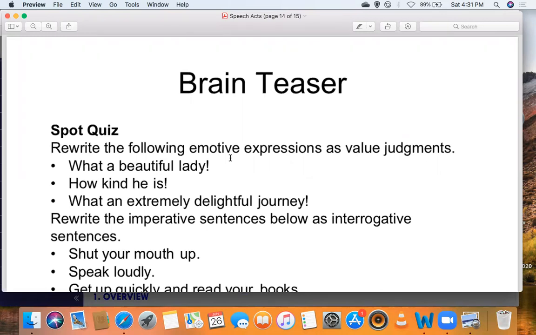Convert it to a value judgment. Anyone? Can anyone convert this emotive expression to a value judgment? You can raise your hand and then proceed.